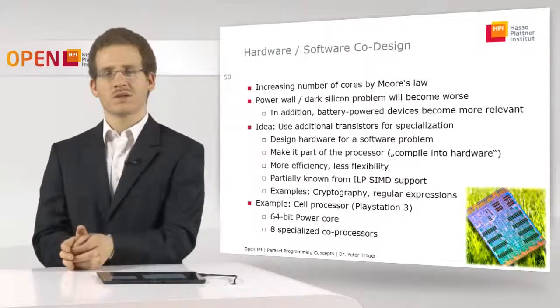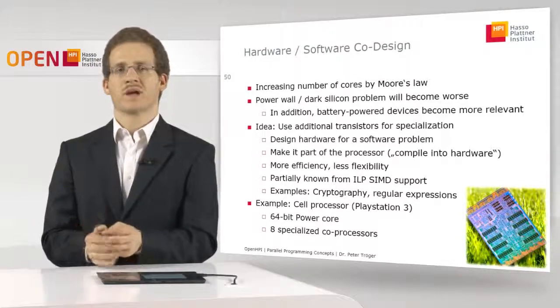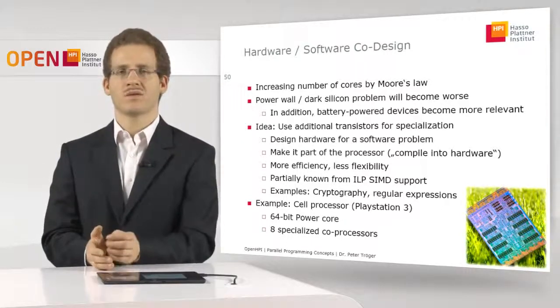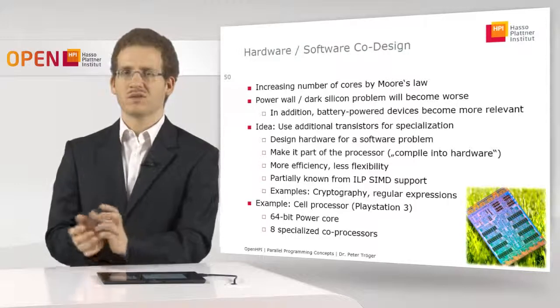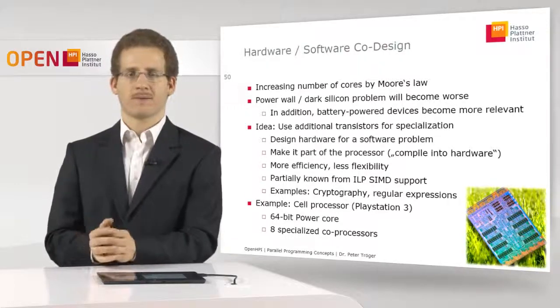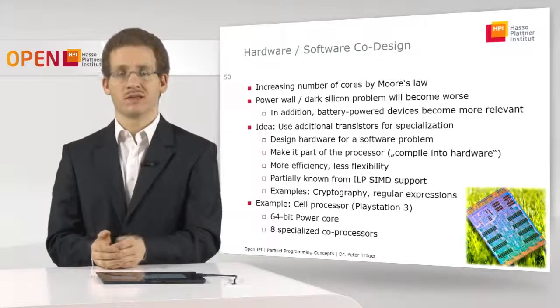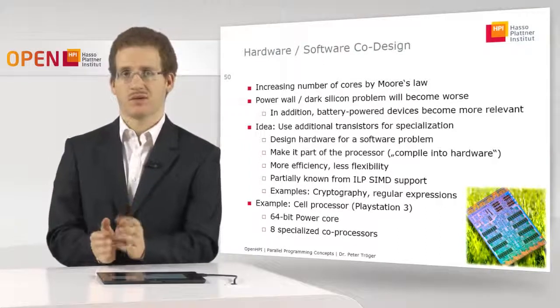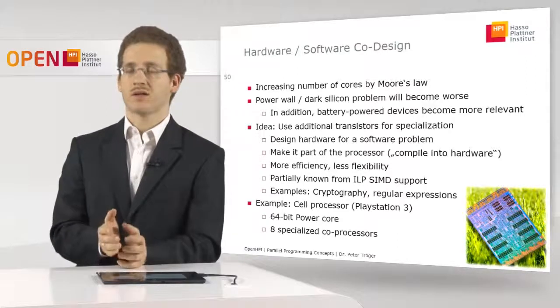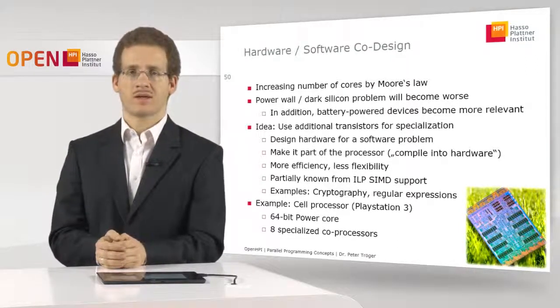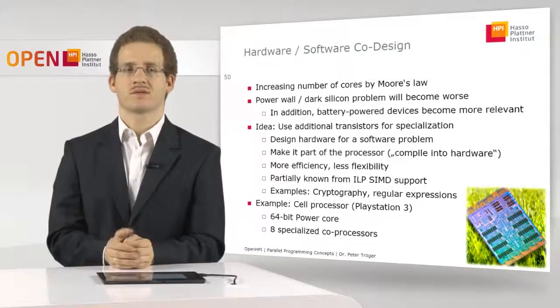But in addition, on the same die, we also have specialized co-processors, sub-processors that are very good in one or the other particular task. So you use the transistors for specialized hardware. And this gives you the advantage that you still get speedup, because this particular computational problem is accelerated while not having the need to do it all in general purpose instructions.